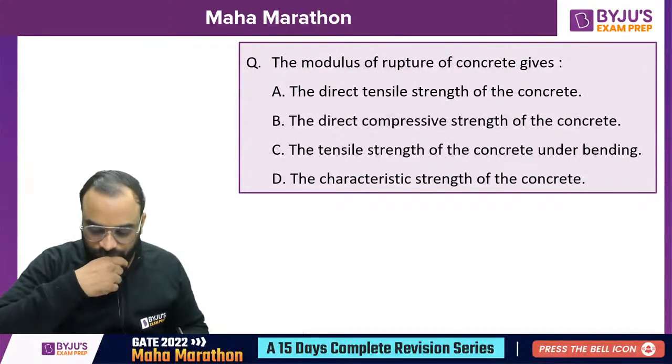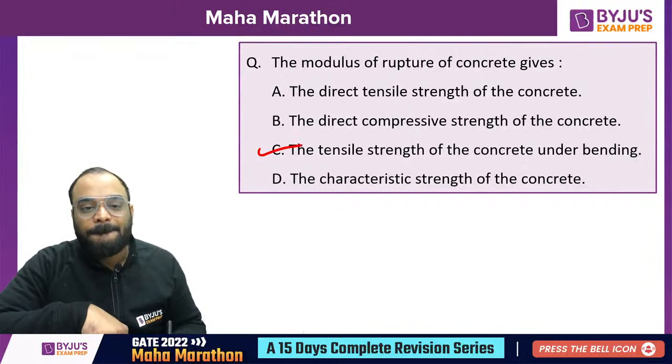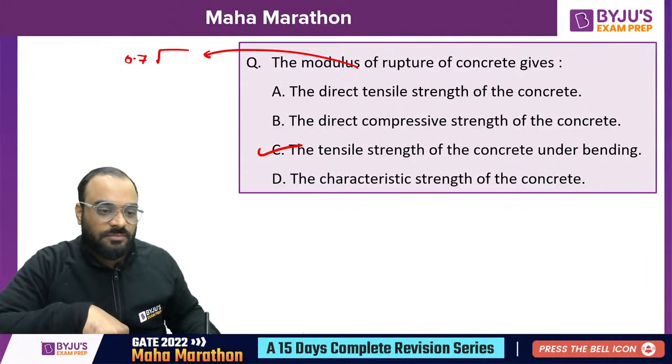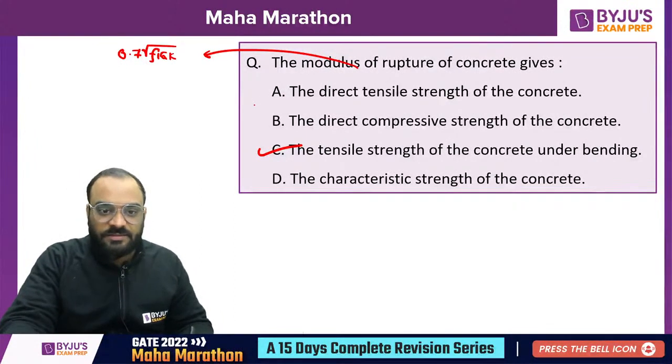C, the tensile strength of concrete under bending, and the value will be 0.7 under root of FCK. Clear? C is the correct answer.